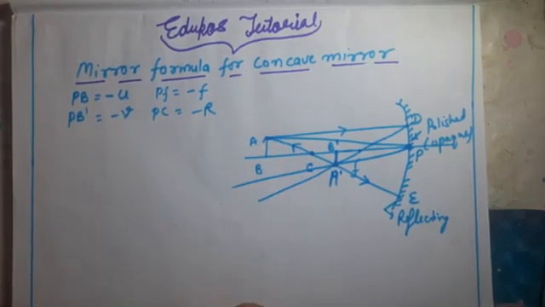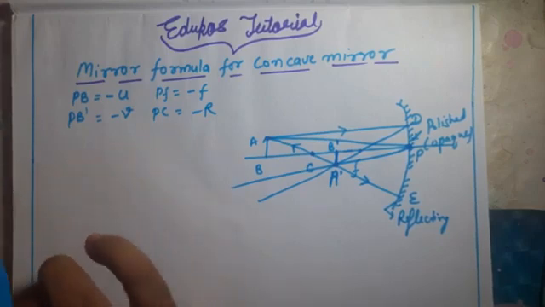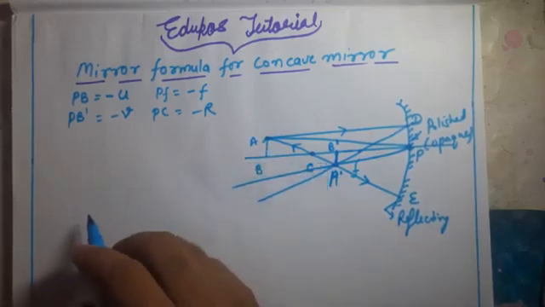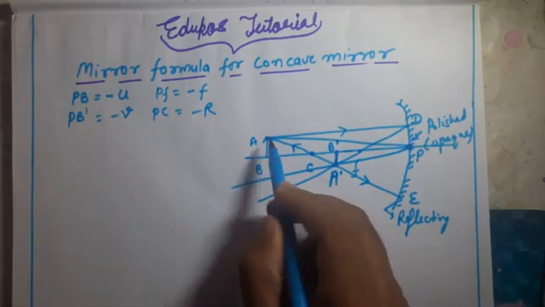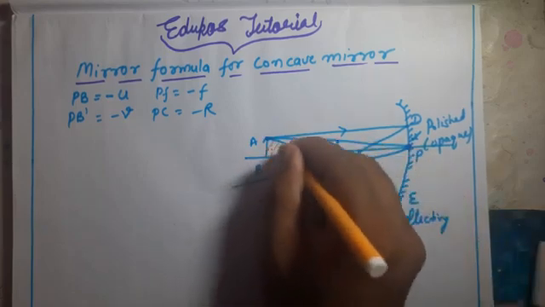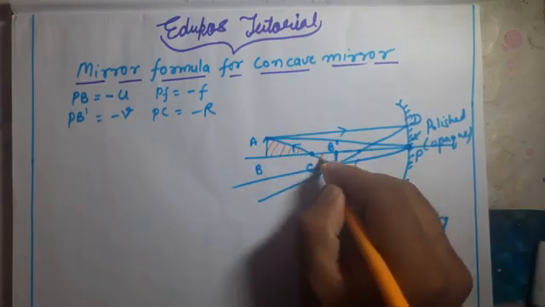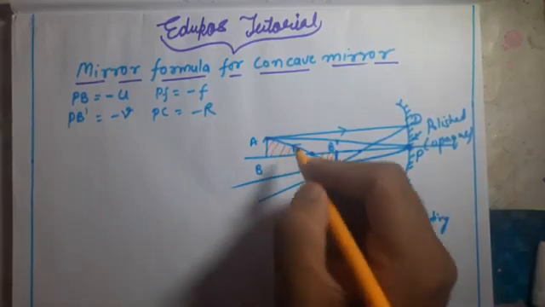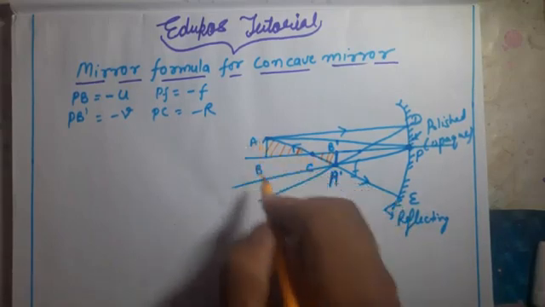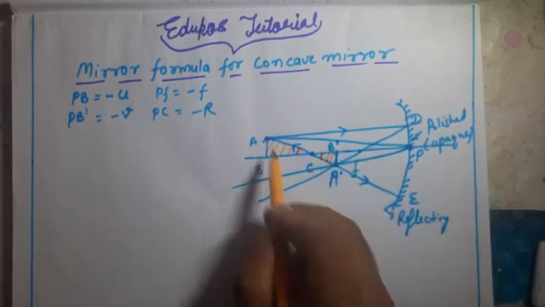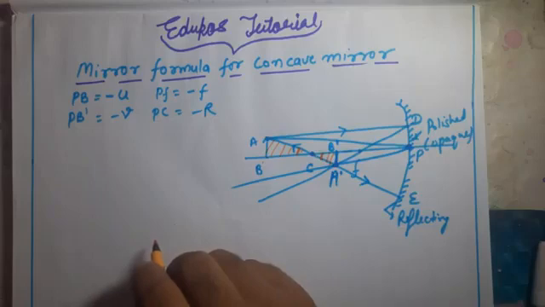Okay, now these are the sign conventions we will use further. Now assume the triangle ABC and triangle A dash B dash C. In both of the triangles, angle BAC and angle A dash CB are equal, and AB and A dash B dash are parallel to each other.